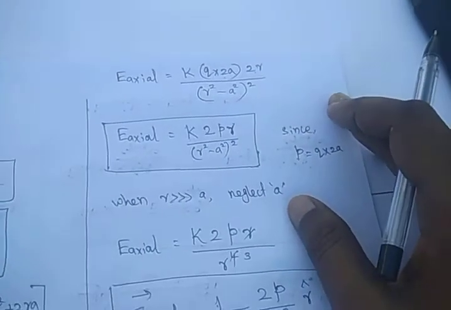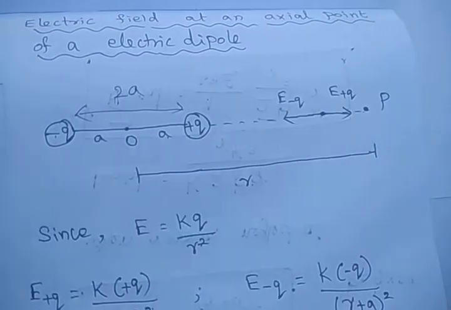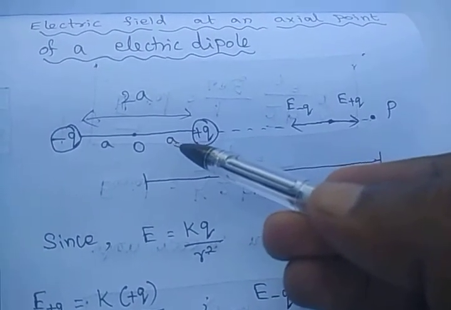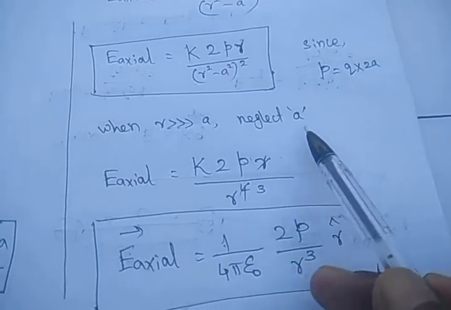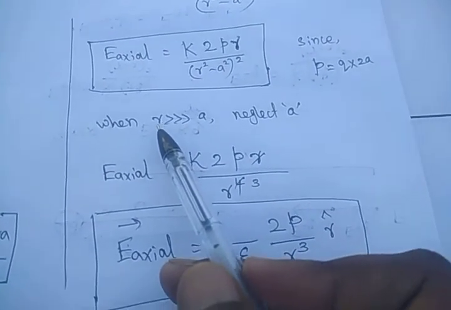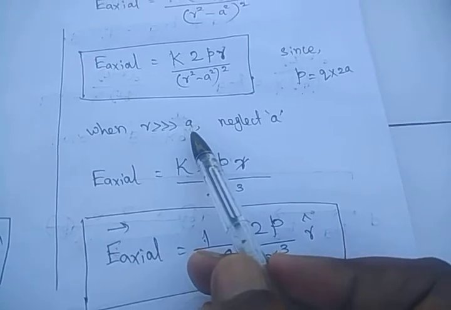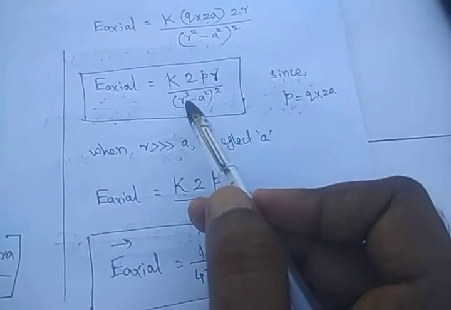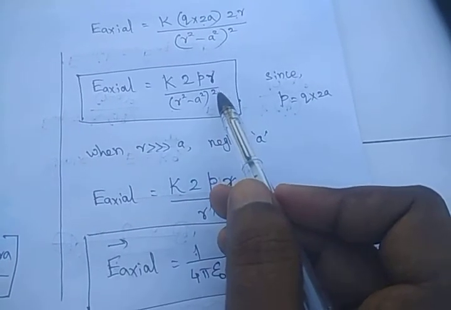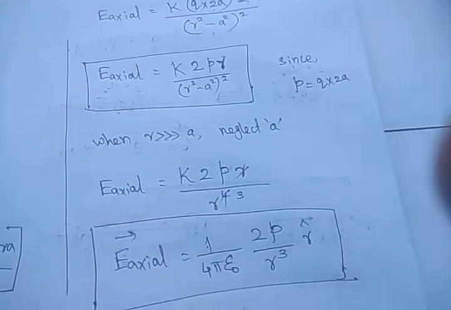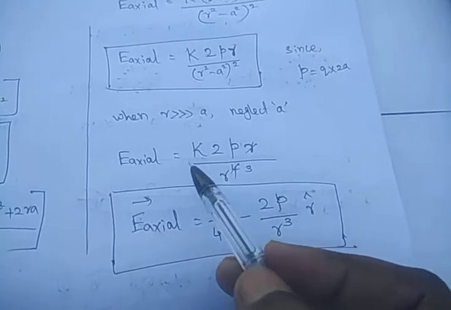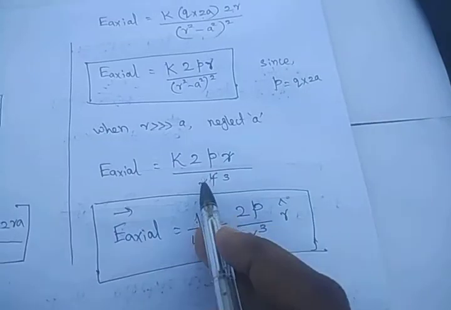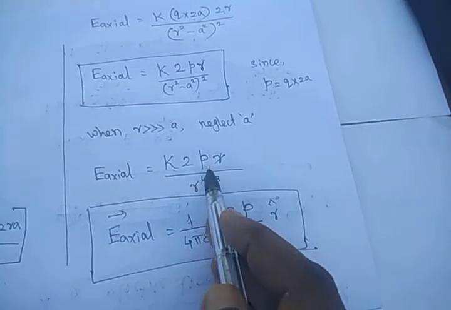When this point is considered as a long distance point, if r is very much greater than a, we have to neglect a, because the r value is very big, then a is very small. We can neglect this a in this equation. Hence a can be removed. Then (r squared) the whole square is equal to r power 4. Hence we get the equation E axial line equal to k 2pr by r power 4. Then this r and this one r will get cancelled.